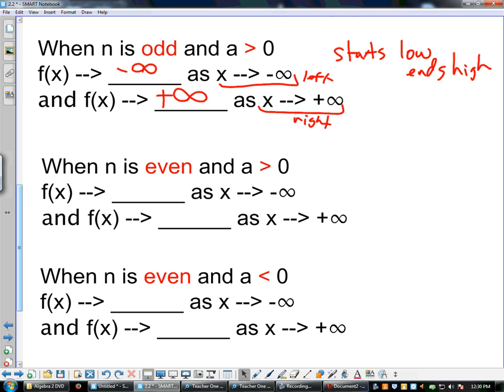So if the leading coefficient is positive and the degree is even, take a look at your graphs that you drew and fill in the blanks here. And then what about if your leading coefficient is negative but your degree is even? I'm going to give you 30 seconds and I'm going to call on you to tell me what to put in these blanks.